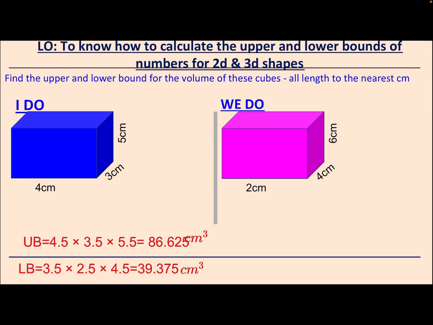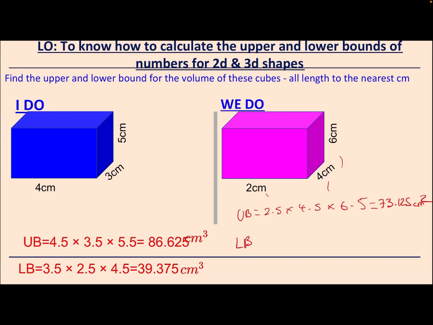So, for this one here, the upper bound is going to be 2.5 times by 4.5 times by 6.5, because these are the upper bound of each of these lengths. And what we end up getting for the upper bound volume is 73.125 centimetres cubed.